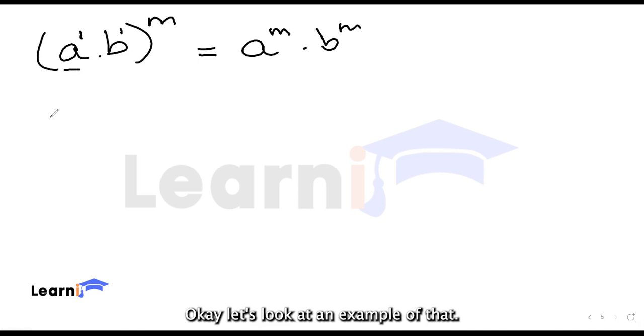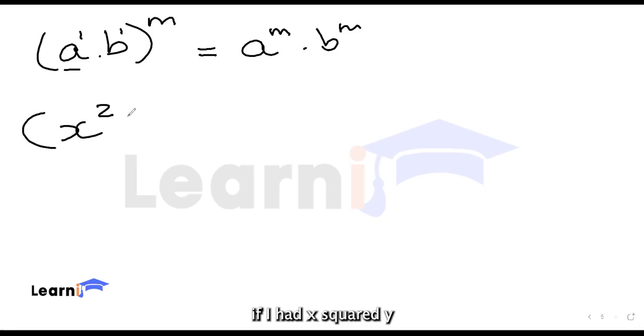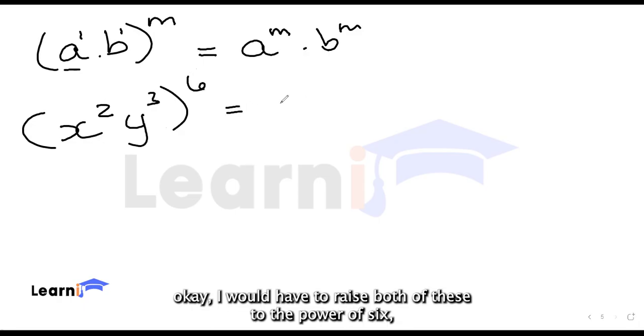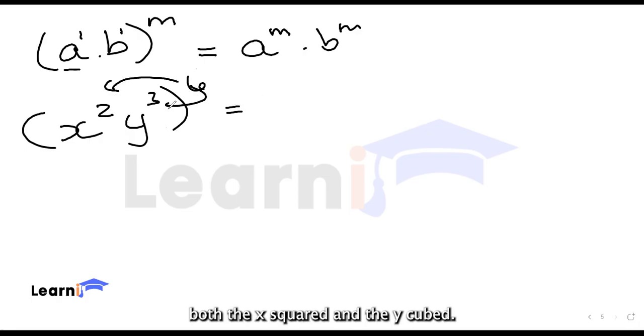Okay, let's look at an example of that. If I had, let me draw that bracket neater for you, x squared y cubed raised to the power of 6, I would have to raise both the x squared and the y cubed to the power of 6.